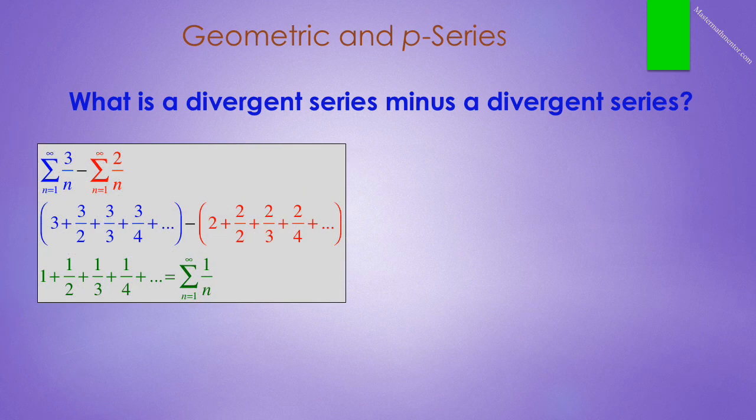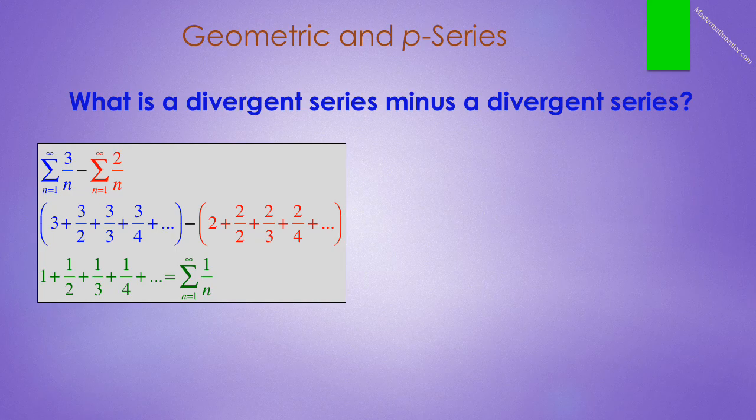For instance, look at the summation n equals 1 to infinity of 3 over n minus summation n equals 1 to infinity of 2 over n. The first series in blue is 3 plus 3/2 plus 3 over 3 plus 3 over 4 plus dot dot dot.